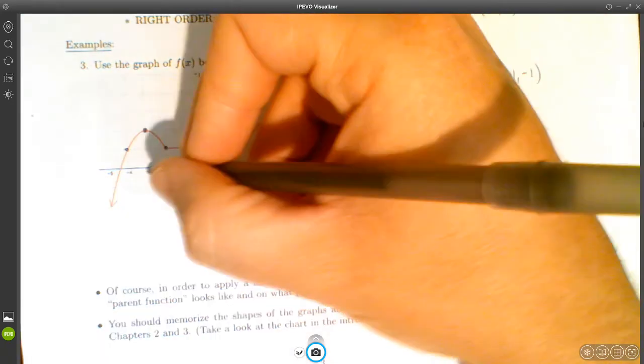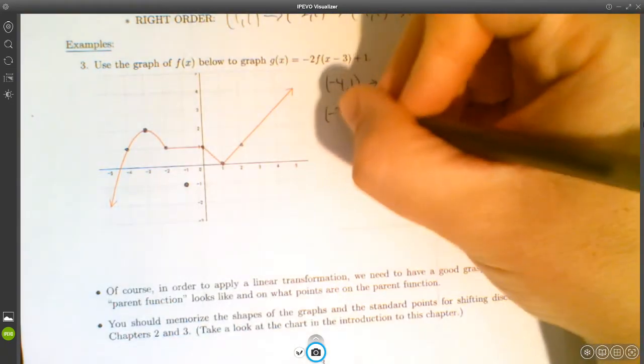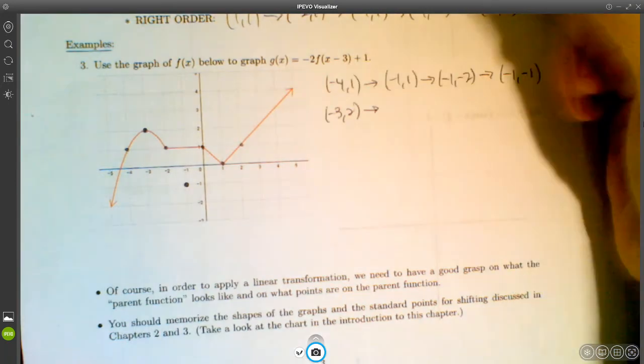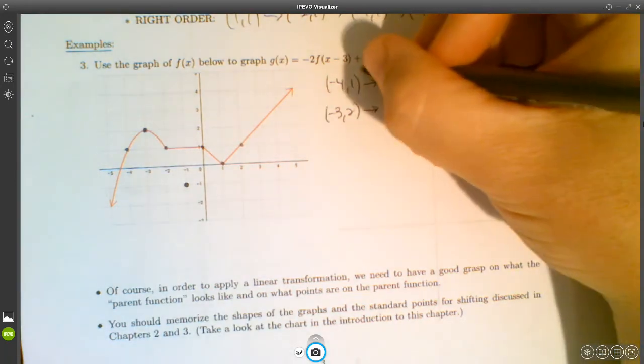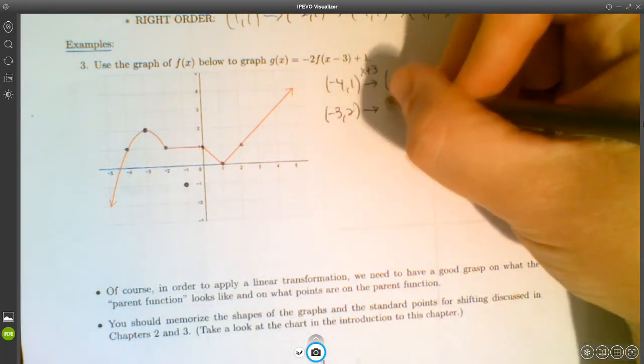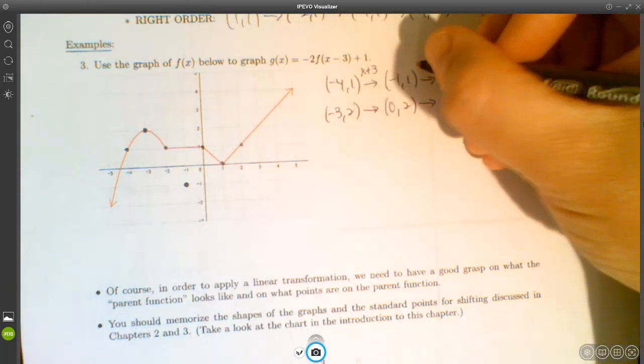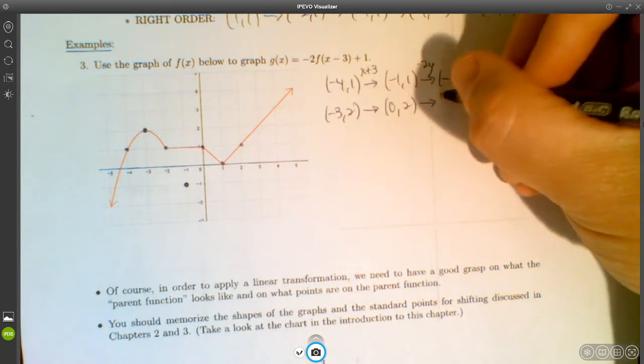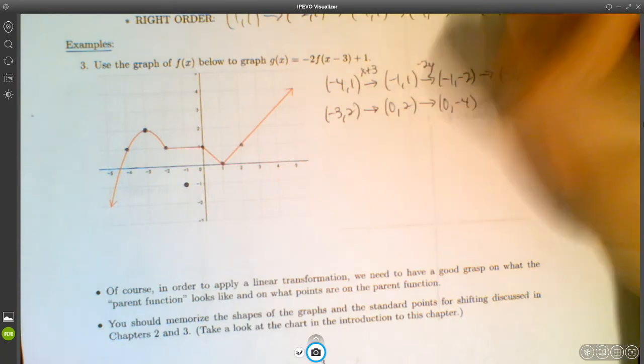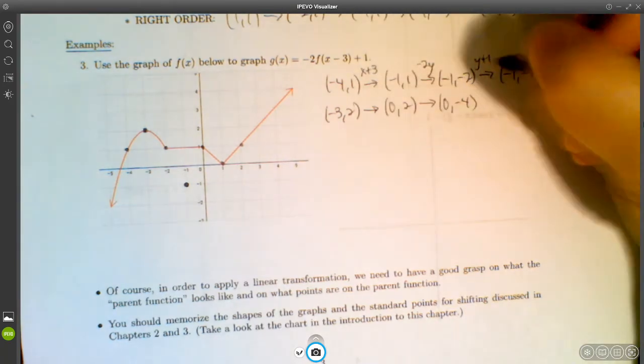Okay, what about -3, 2? In each of these, I'm doing the same thing. I'm going to add 3 to the x-coordinate. Then I'm going to multiply the y-coordinate by -2, and then add 1 to the y-coordinate.